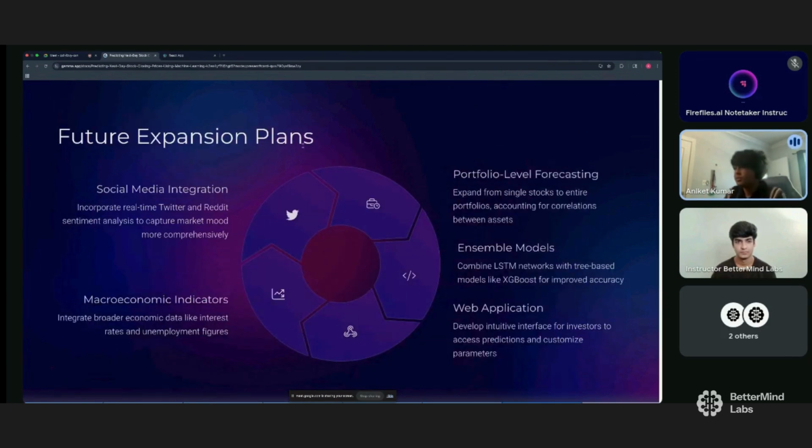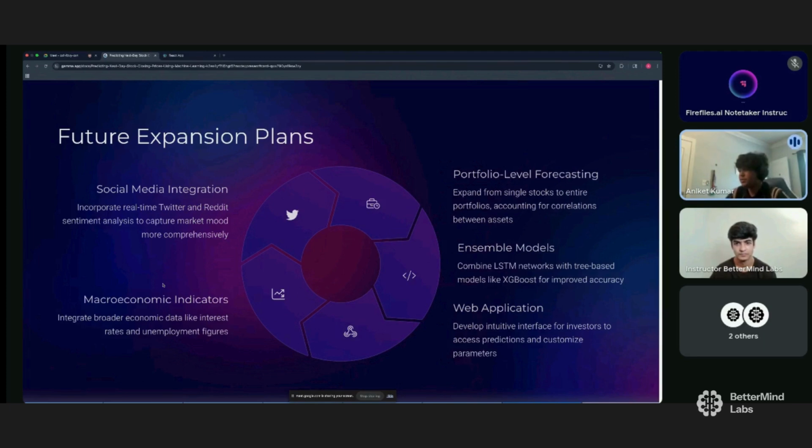So here are some future plans that we could work on. We could start off with social media integration. If we ever decide to make it more public, we could use social media to spread it so more users and customers are able to use it. Macroeconomic indicators to integrate broader economic data like interest rates and unemployment figures. Portfolio level forecasting: expand from single stocks to entire portfolios, accounting for correlations between assets.